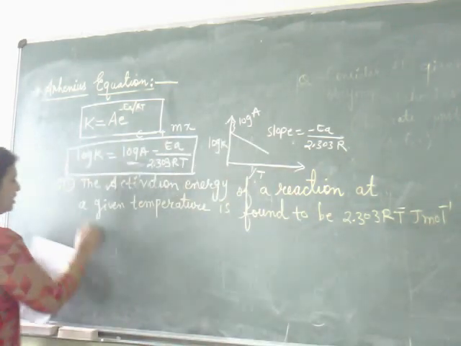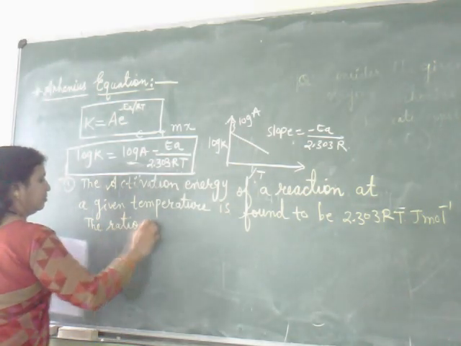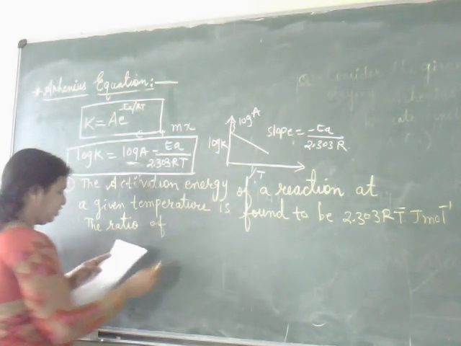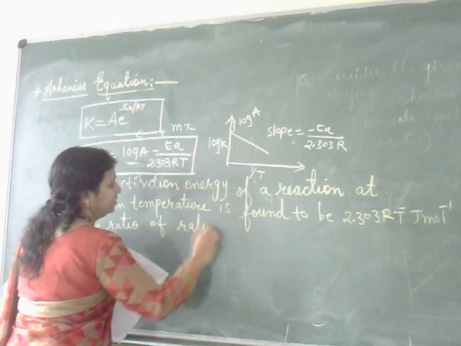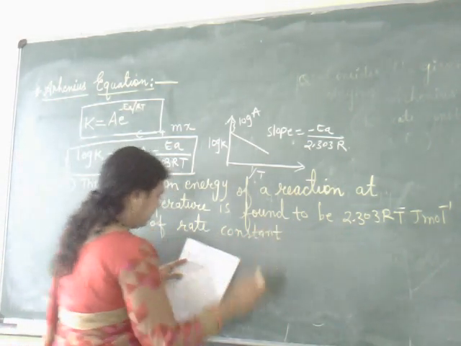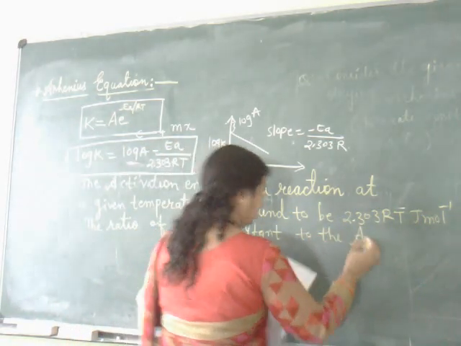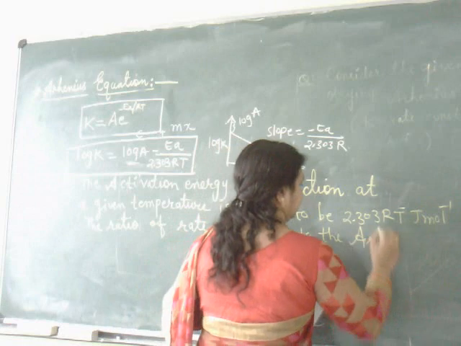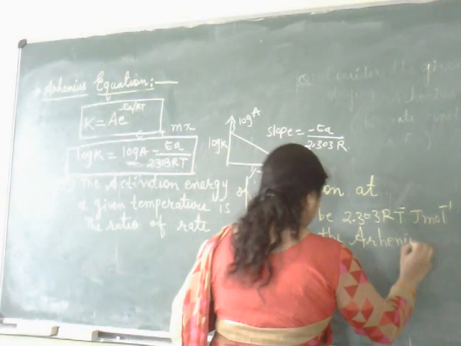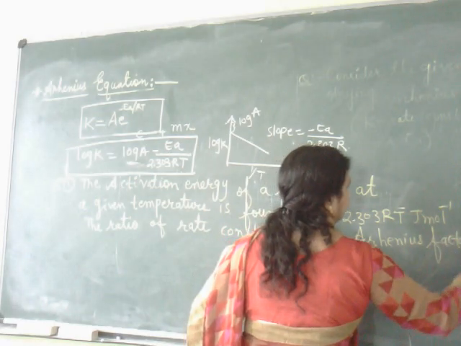The ratio of rate constant to the Arrhenius factor is?